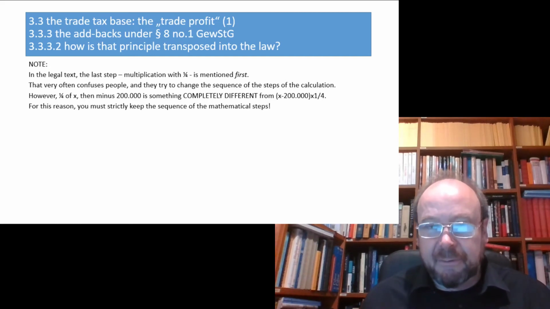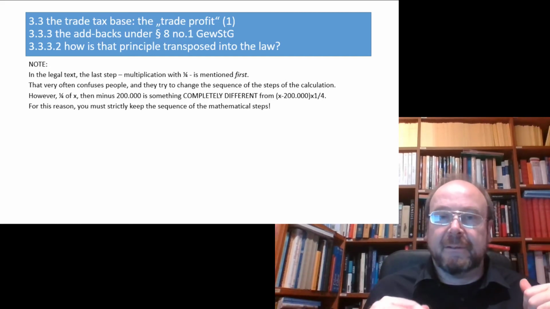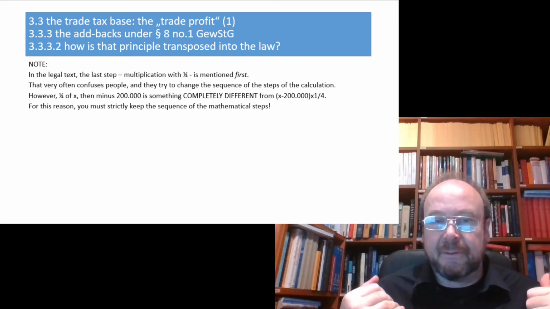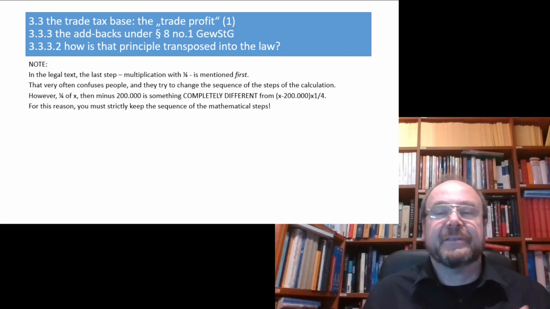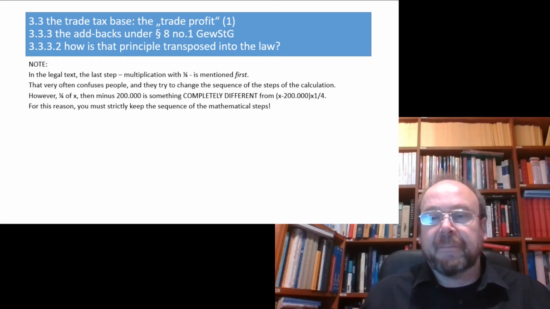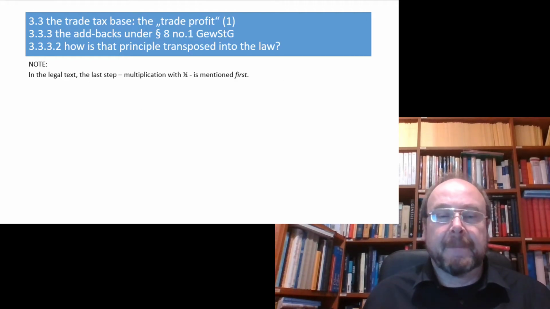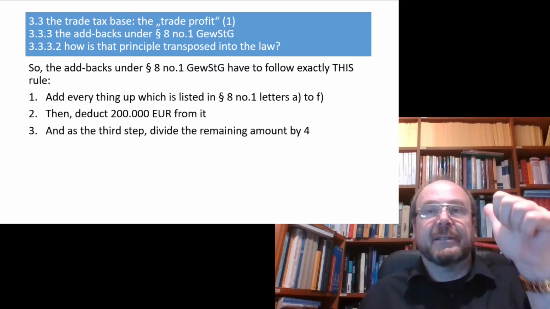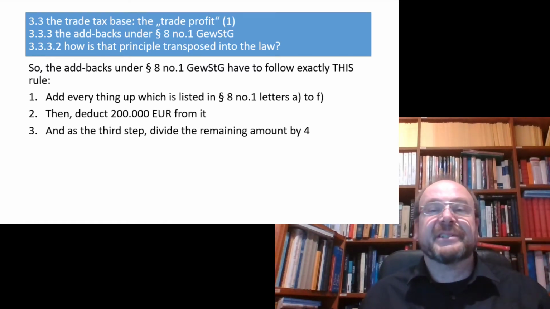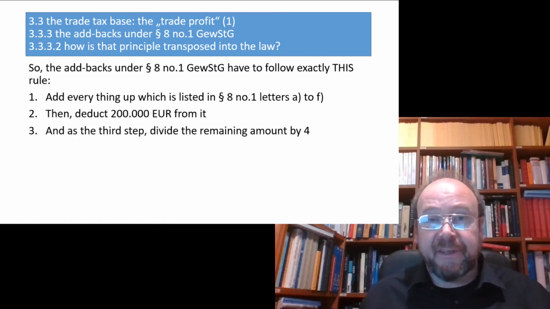How can you really fix that or hammer that into your memories? Well, the first thing is look back a bit. First step begins with add, like A in the alphabet.